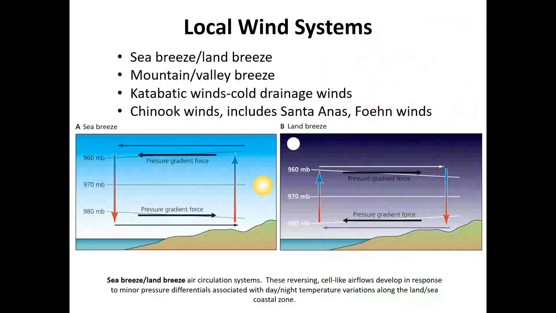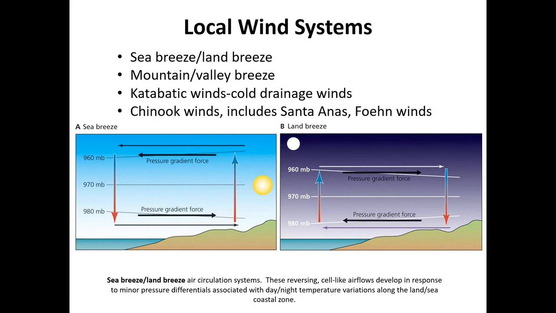Another local wind system, some wind systems that appear at a local level are sea breeze, mountain breeze, and a few others. The sea breeze is during the day, you'll often have wind that will move from the ocean onto land, moving from a higher pressure area to lower pressure area, moving usually from cooler to a warmer environment. And then as it cools, the earth heats up.